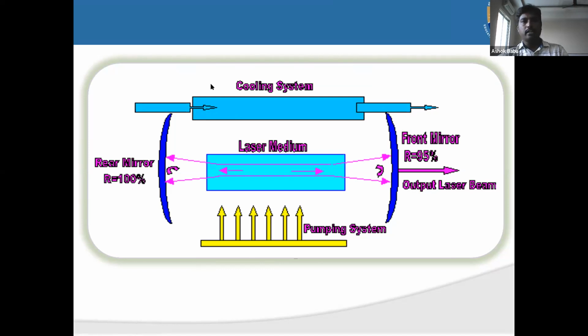That's why we conduct the lasing action within the cooling system. In the ruby laser, for example, we use liquid nitrogen or cooling water as the coolant. The pumping mechanism depends on the type of laser. For example, in the ruby laser, the xenon flash tube is used, which we already discussed as optical pumping.